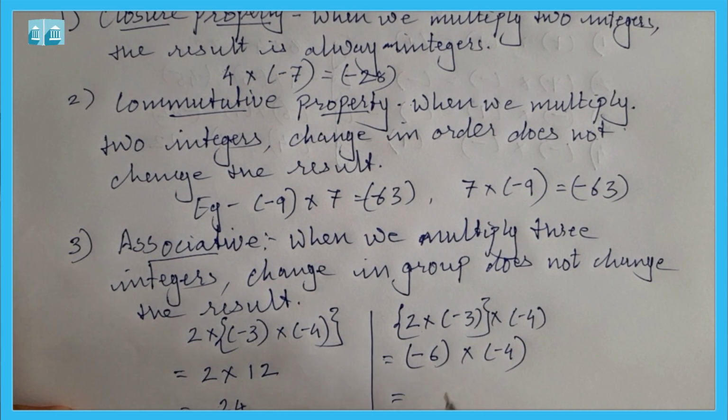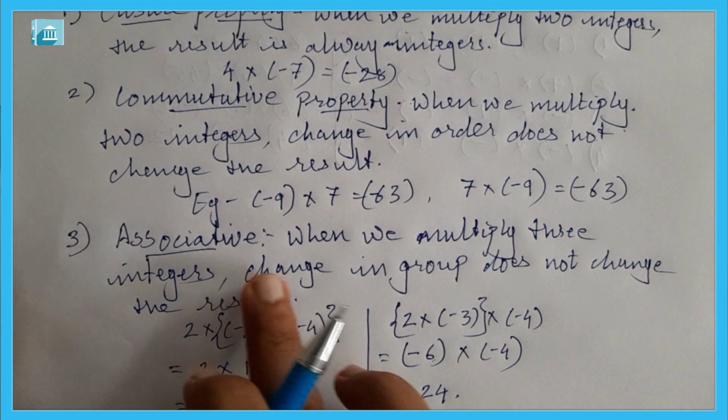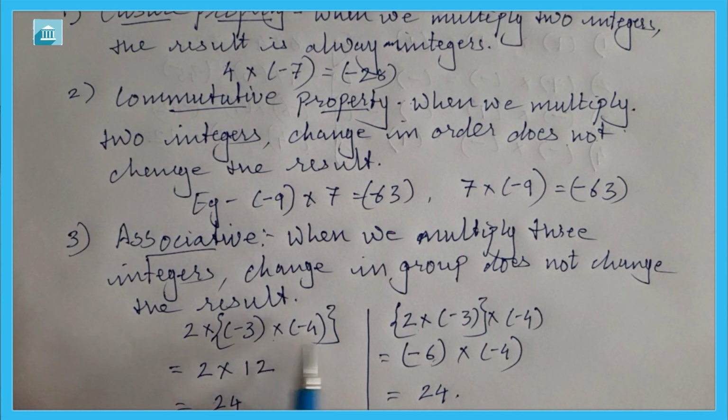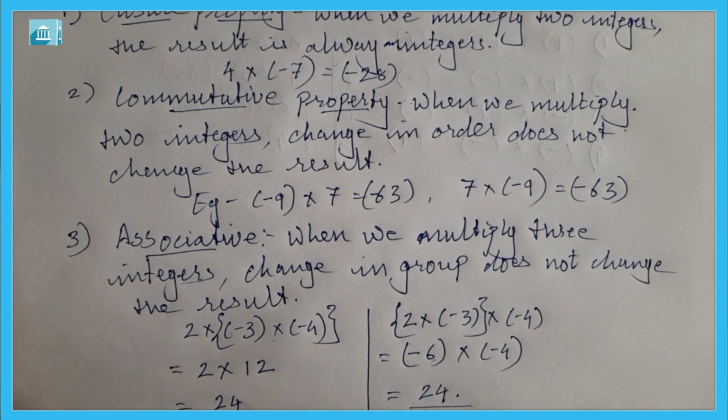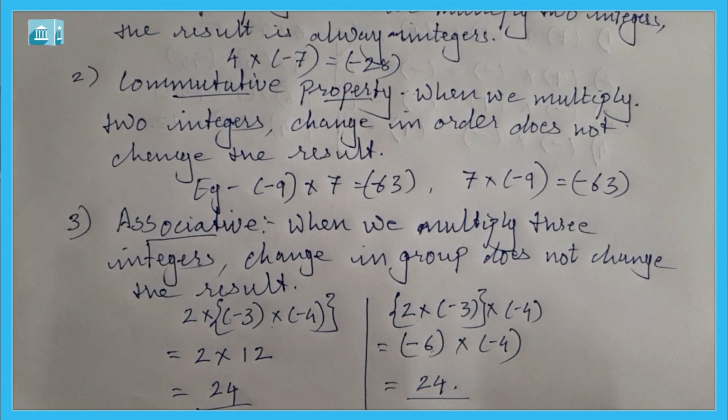Minus into minus will be plus, and 6 4s are 24. So we can say that when we multiply three integers, we changed the group but there was no change in the result. So when we multiply three integers, change in group does not change the result.